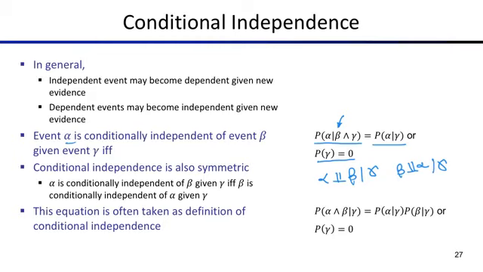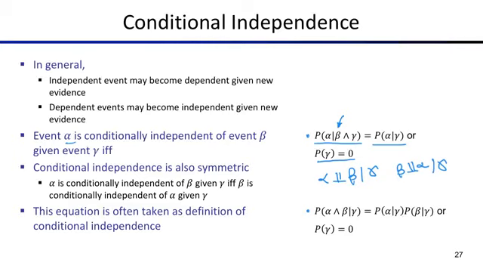Although this first equation can also be taken as a definition of conditional independence, most people understand that this second equation is the definition and take the first one as a consequence.